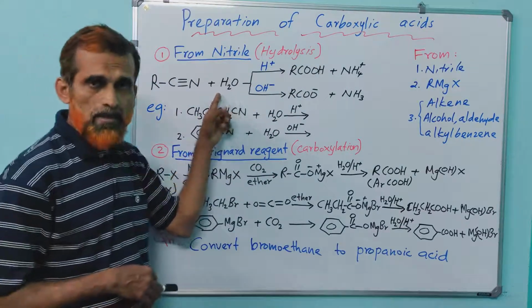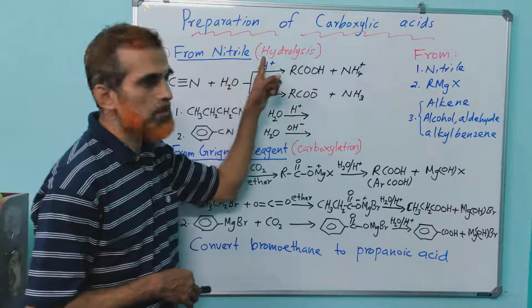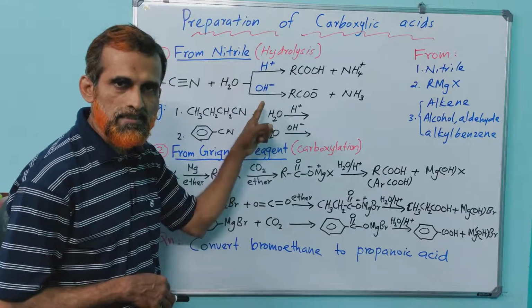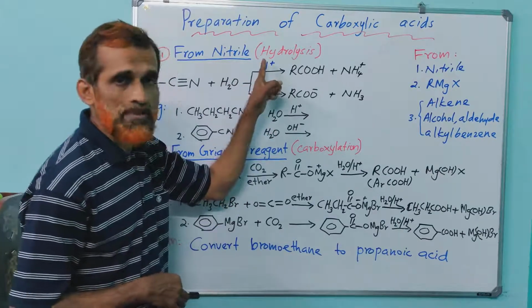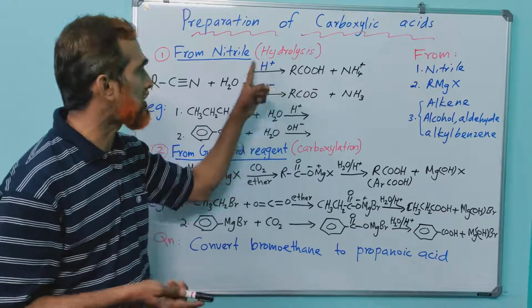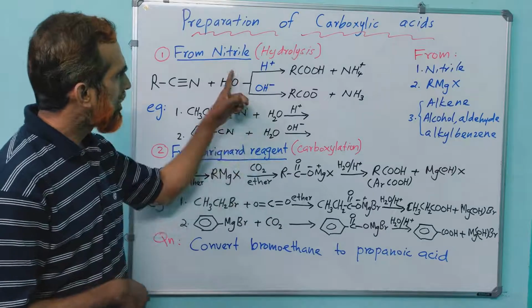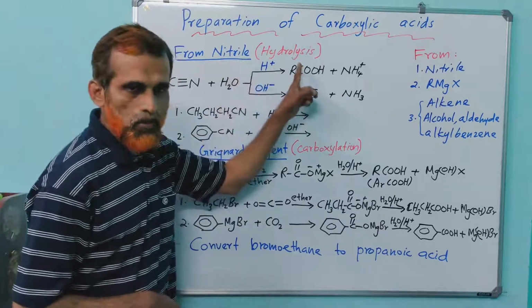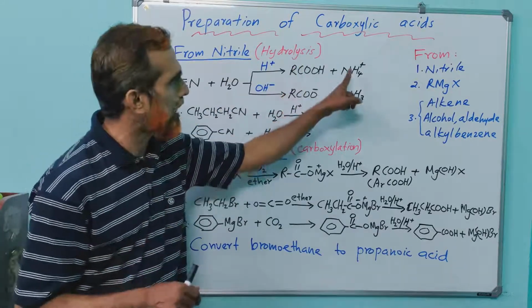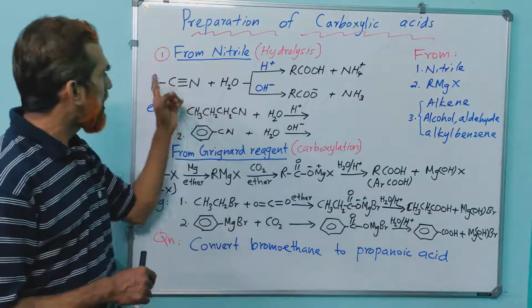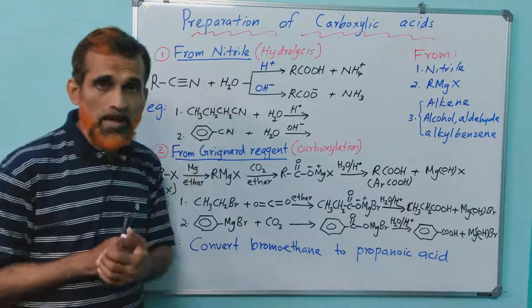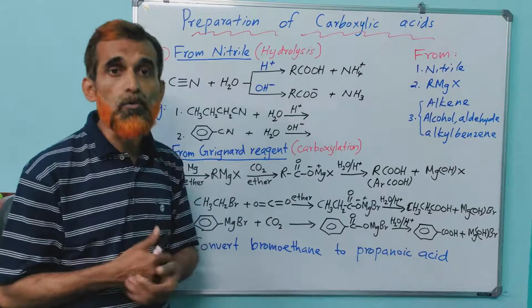It can be in presence of acid or base, that is acid hydrolysis or acid catalyzed hydrolysis or basic hydrolysis. In both cases you get the carboxylic acid as the main product and there is a byproduct, that's ammonia. Whenever nitrile is hydrolyzed, you will get smell of ammonia.